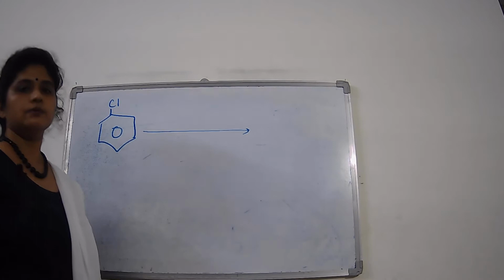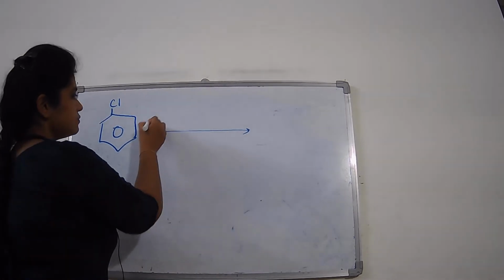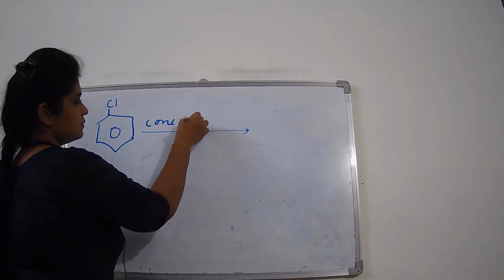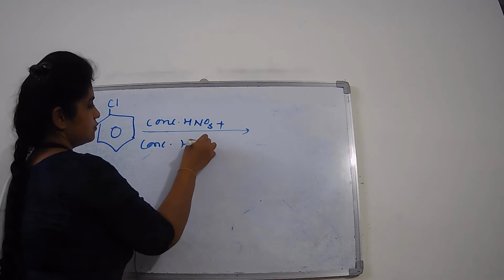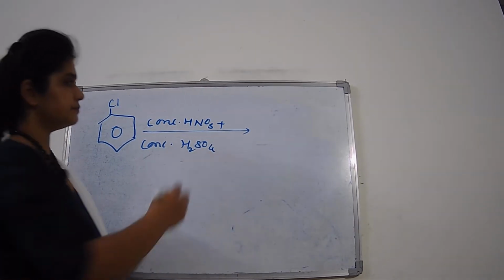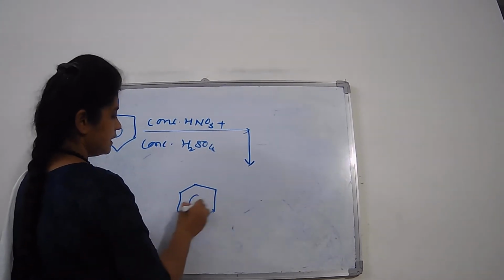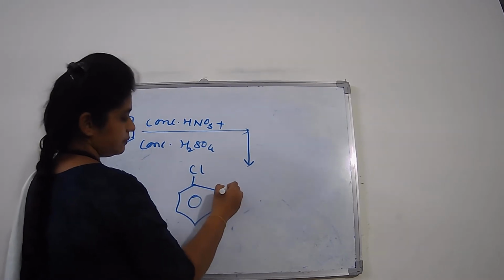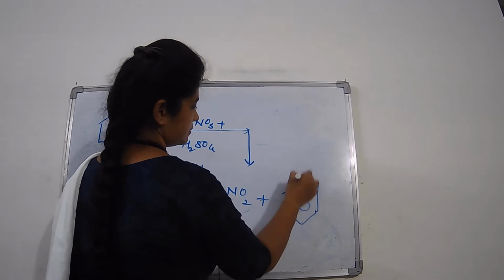I think you know what the nitrating mixture is. Yes, it is a 1:1 mixture of concentrated HNO3 plus concentrated H2SO4, which is called the nitrating mixture. So here nitration takes place at the ortho position or at the para position.